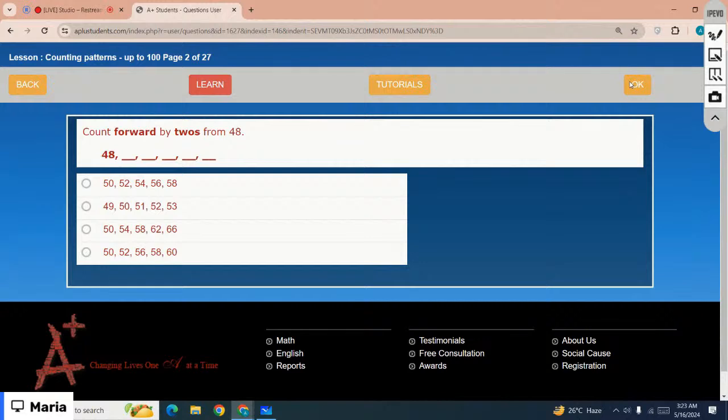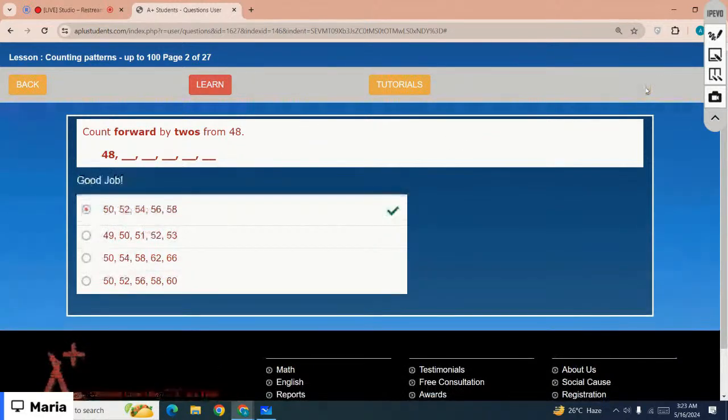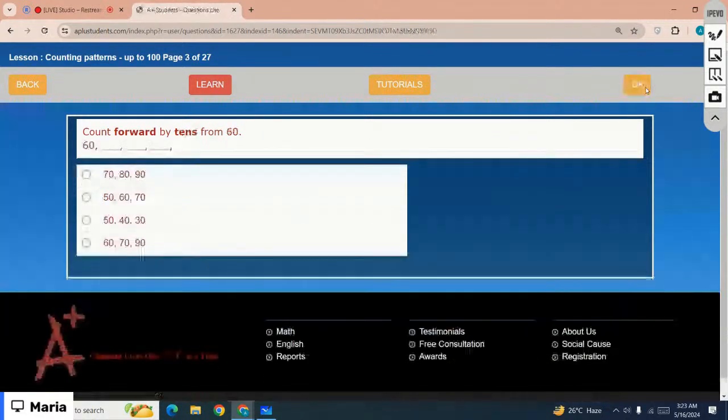The correct option is yes, that's option number 1. 50, 52, 54, 56, and 58 is the correct option. Okay, count forward by tens from 60. So, which is the correct option?